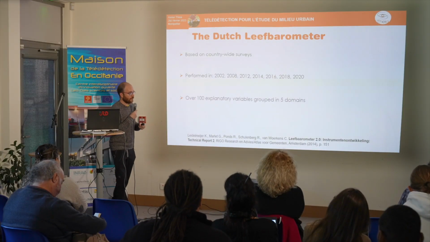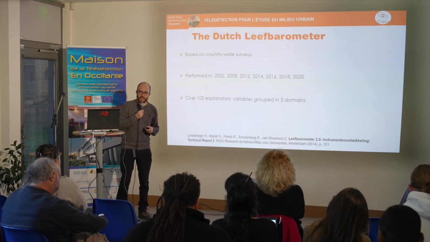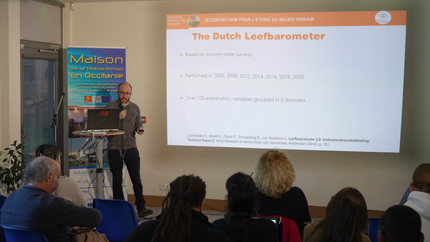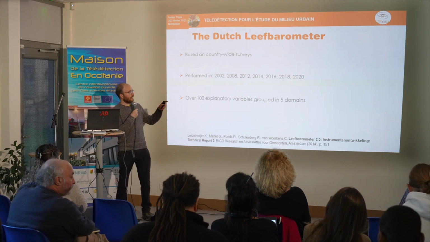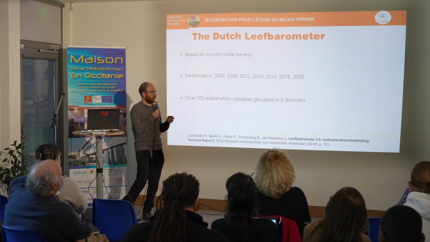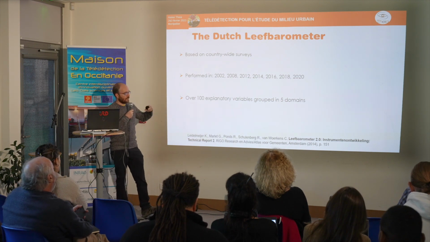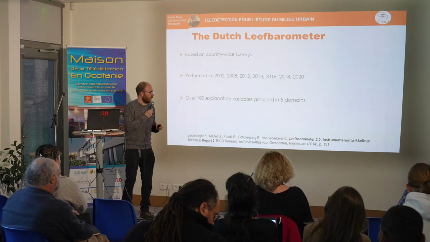We started working on this because the Dutch government has a survey that lately has been performed around every 2 years. It's a survey in which they go to thousands of households in the whole country, and they ask how they feel that their needs are covered by their urban environment, and then they try to link these responses from the survey to over 100 explanatory variables.